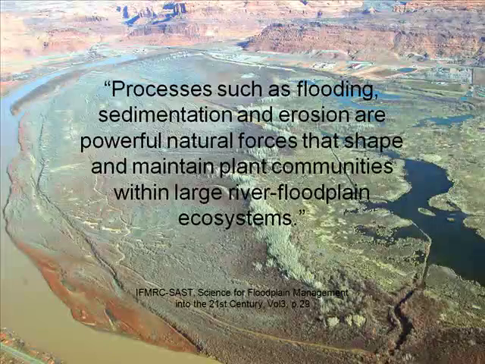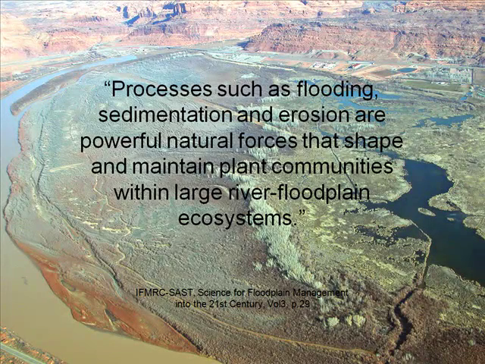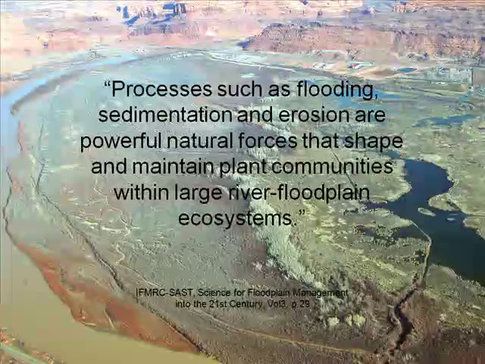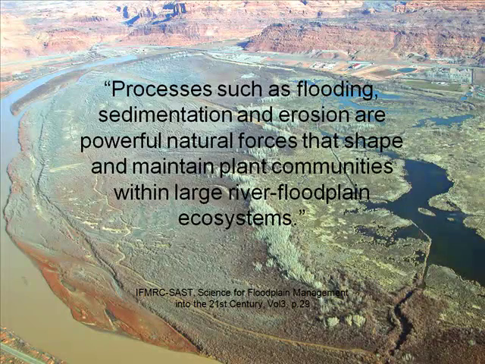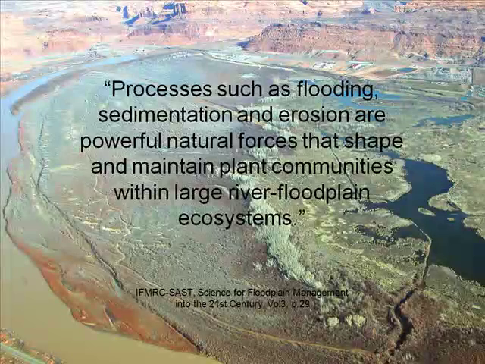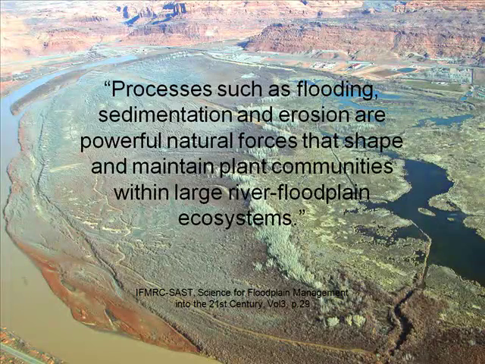It's been made again and again, but basically the reason for doing this is that the processes of erosion and sedimentation along riparian corridors are probably at least one of the principal determinants of what kind of riparian vegetation you're going to have.